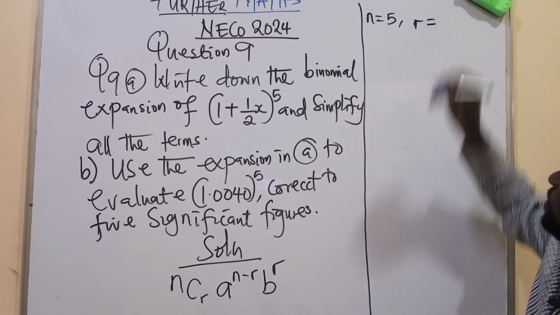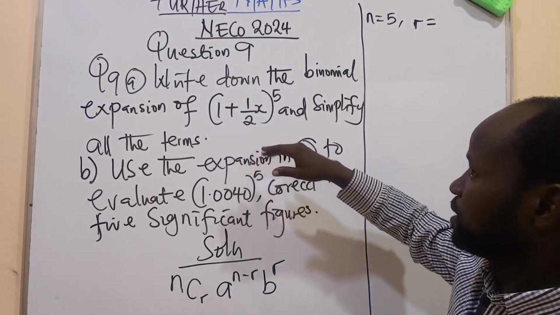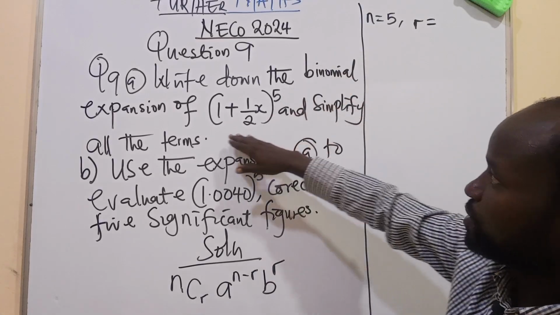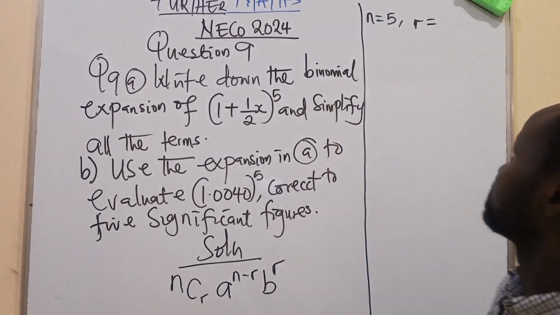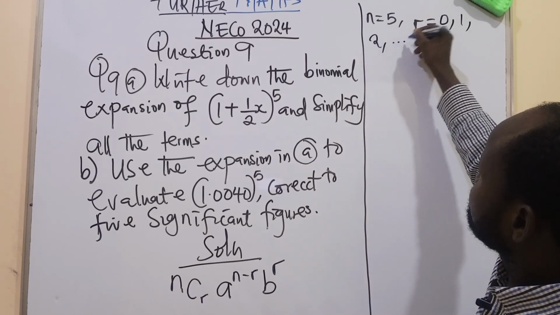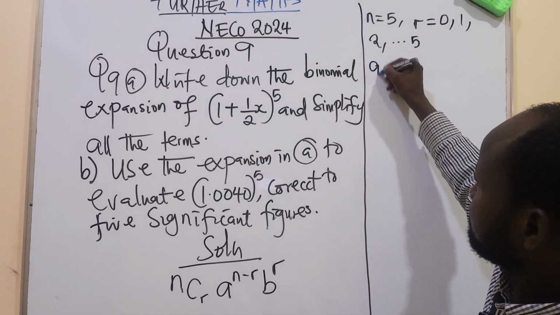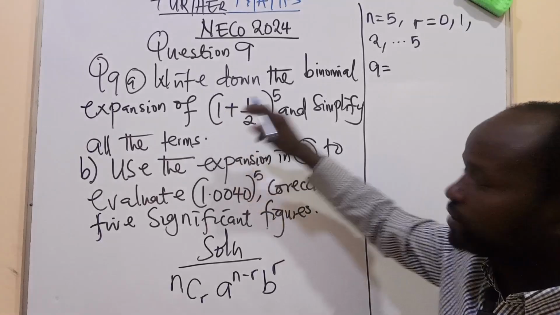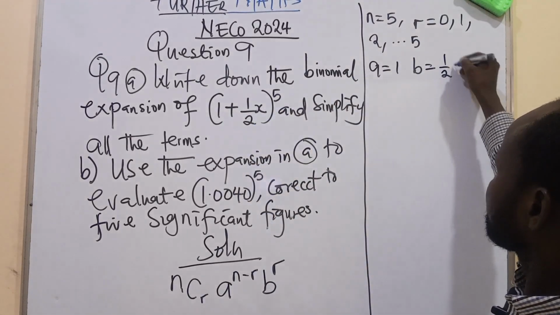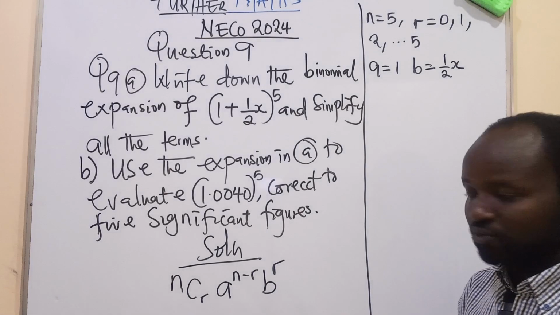Our r: the number of terms when you expand this has to be n plus 1. It will always be n plus 1, meaning when we expand this, we have 6 terms. So it means our r will be 0, 1, 2, up to 5. Then our a is the first term in the bracket, which is 1. Then our b is the second term, which is half of x.